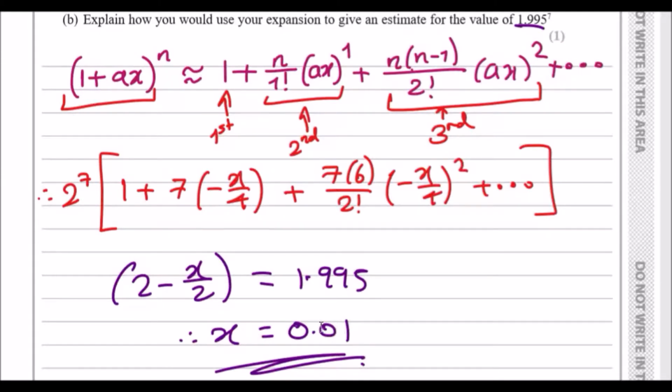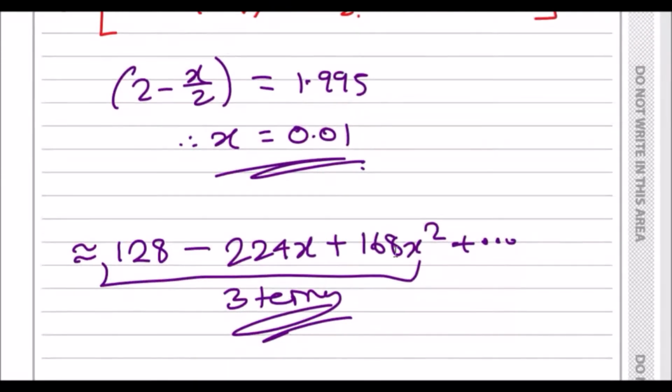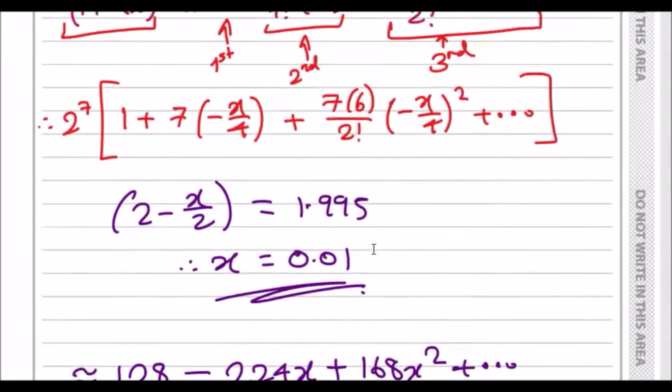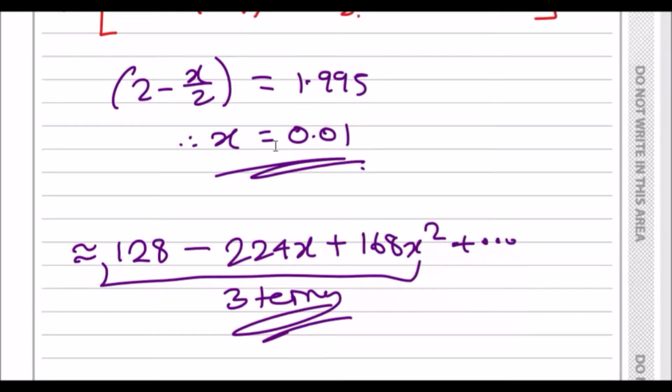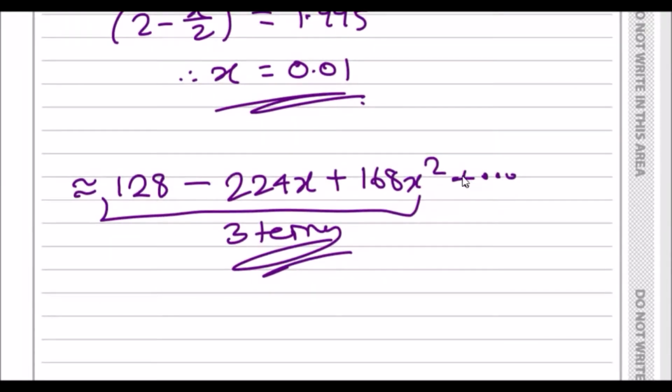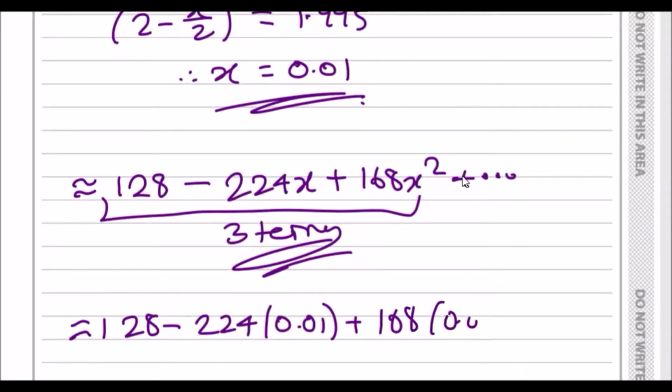Now all you do is plug x back into this equation, and you're going to get an estimate of this up to the first 3 terms. So it looks like this: 128 minus 224 times 0.01 plus 168 times 0.01 squared. Have a go, and I'm going to quickly do it right now.